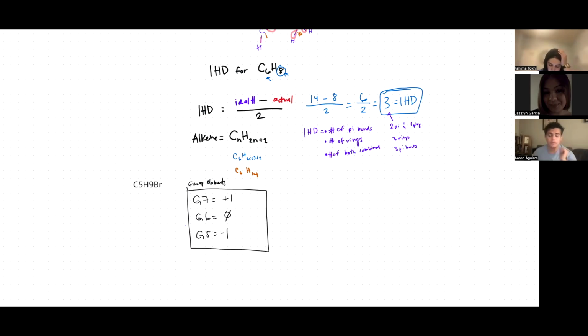If we have a group 7 element, we add plus 1 to the actual. Group 6 is oxygen, sulfur; 7 is fluorine, chlorine, bromine, iodine. Group 5 is nitrogen and phosphorus. So if we have a nitrogen or phosphorus, we subtract one from the actual.